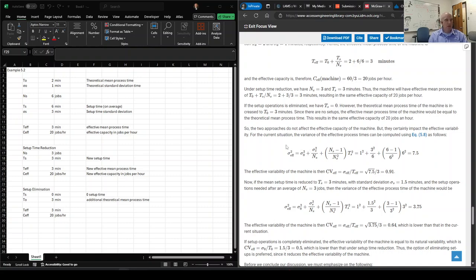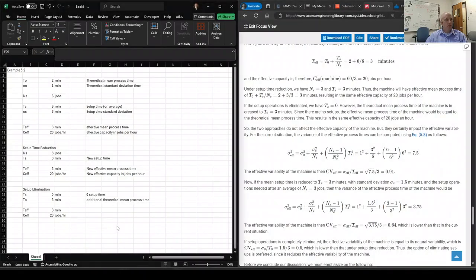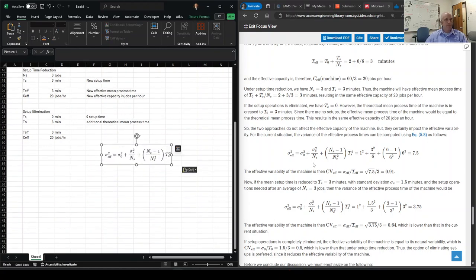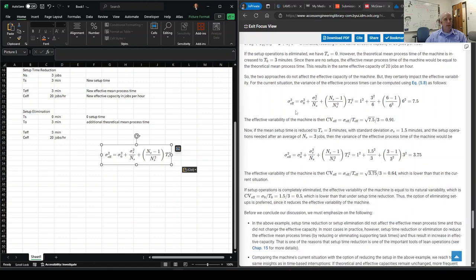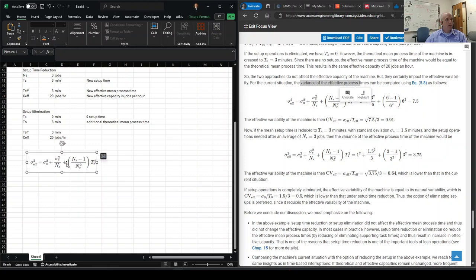I'm going to go ahead and copy this into my spreadsheet, mostly for future reference, just so I can see what this looks like. When we plug in the numbers, this is for the variance of the effective process times. Let me put this here.